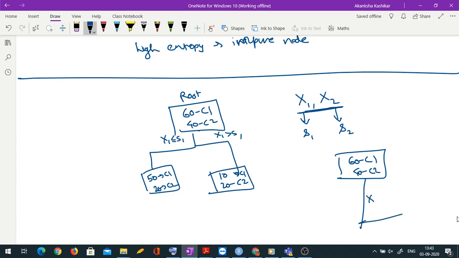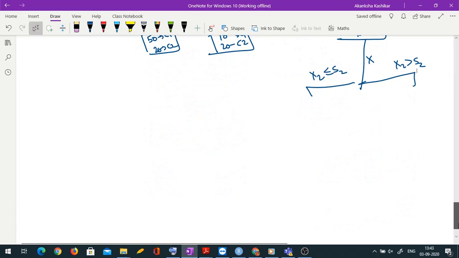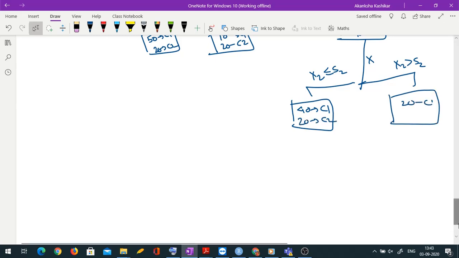On the basis of x2, I have to divide the same thing, and S2 is supposed to be the best. So I have x2 less than or equal to S2 and x2 greater than S2. Suppose the division is 40 from class 1, 20 from class 2, and 20 from class 1, 20 from class 2.